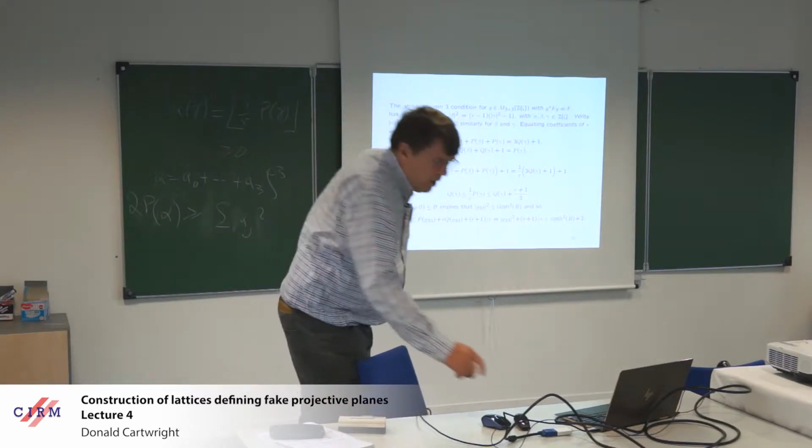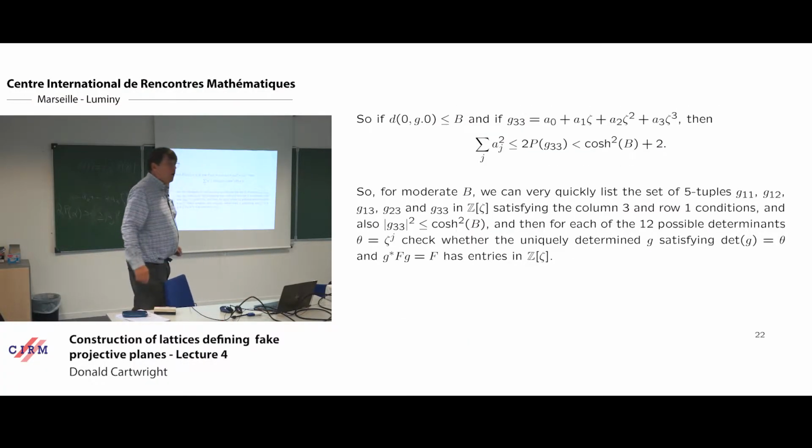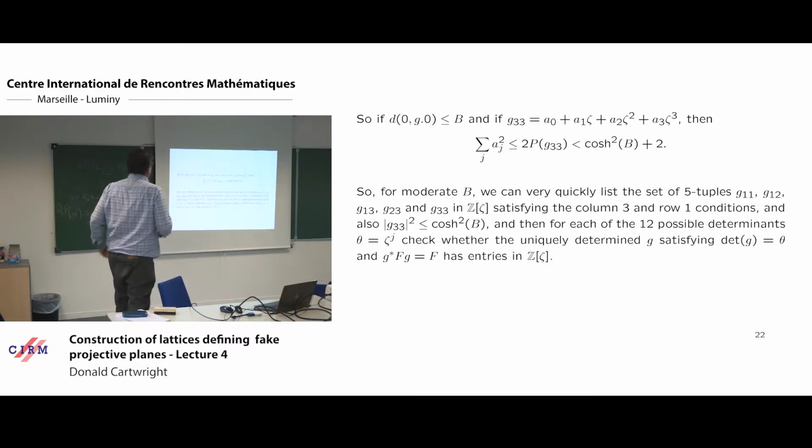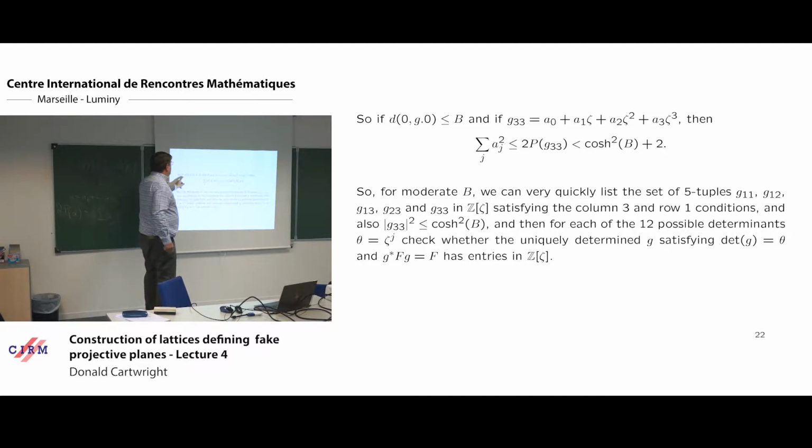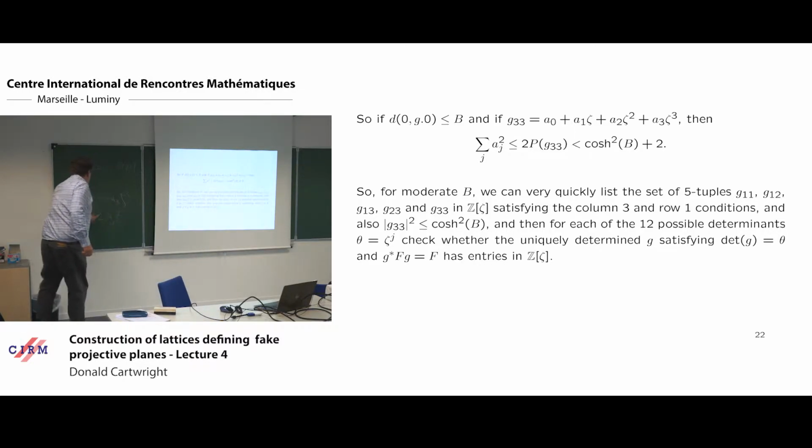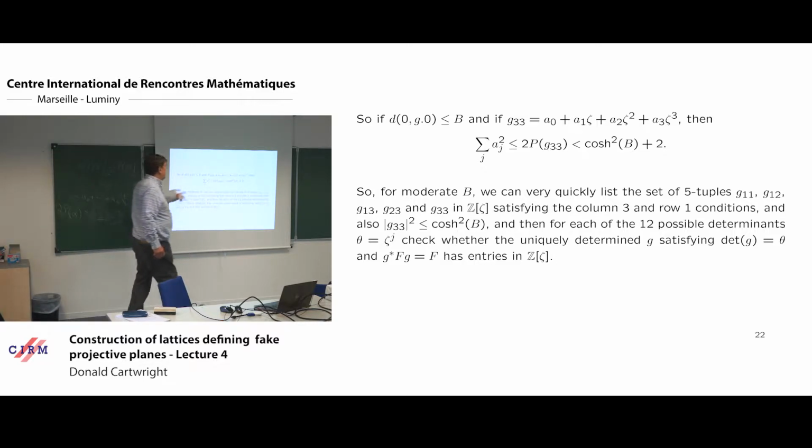Okay. Sorry, so b is some constant to be chosen later. Okay, so if g moves the origin at most b, and its 3 entry is written like this, then you can say that the sum of the squares of the coefficients is bounded by twice the g3 and at most this.